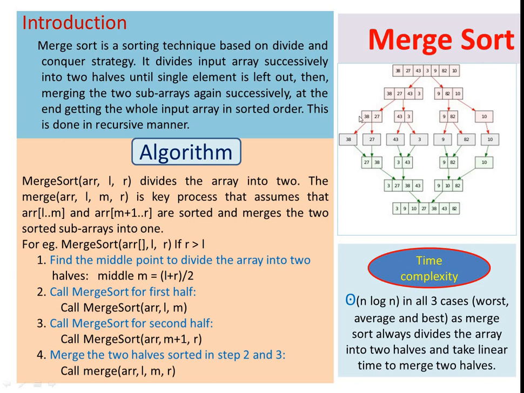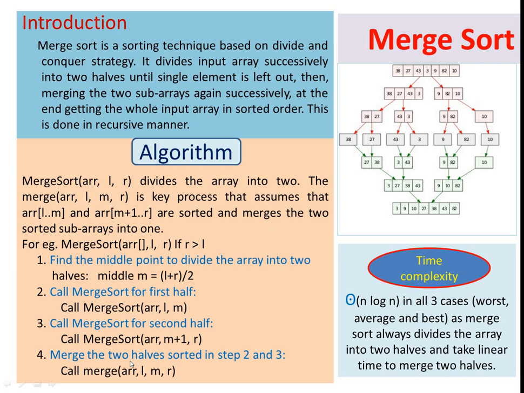Now again merge sort is called, resulting in two subarrays. The lower subarray contains a single element, 38, and the upper subarray contains a single element, 27. After being divided until a single element remains, the calling of merge sort stops.